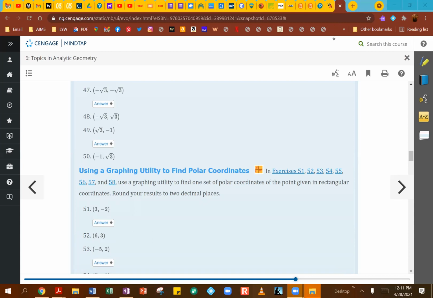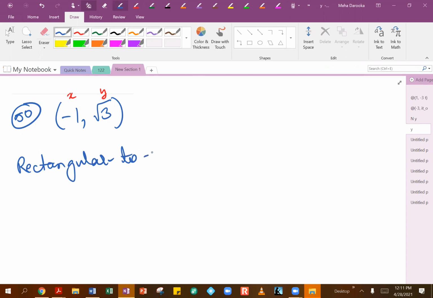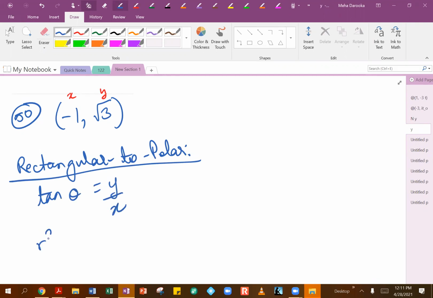So, oh wow, this is interesting. We've got negative 1 and positive square root of 3. So remember, this is going to be the x and the y value. So when we are going from rectangular to polar, this is where we define tangent theta as y over x, and then r squared is defined as x squared plus y squared.